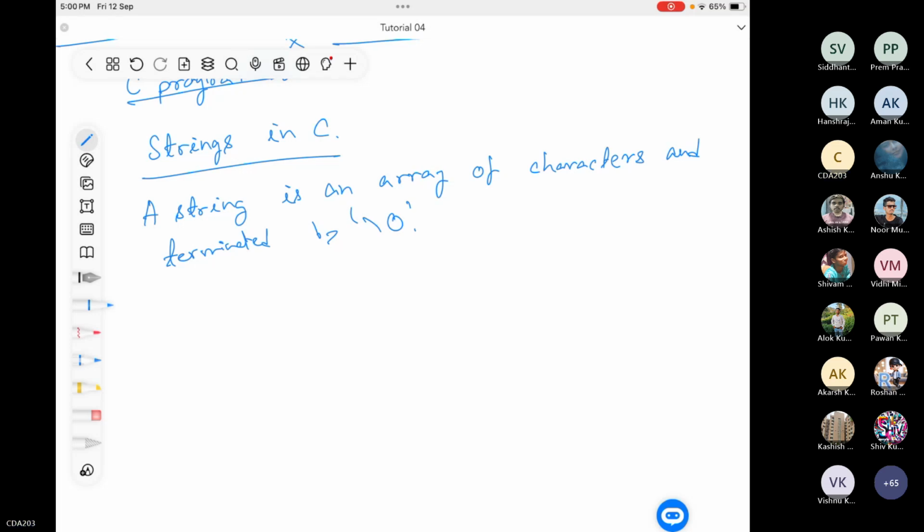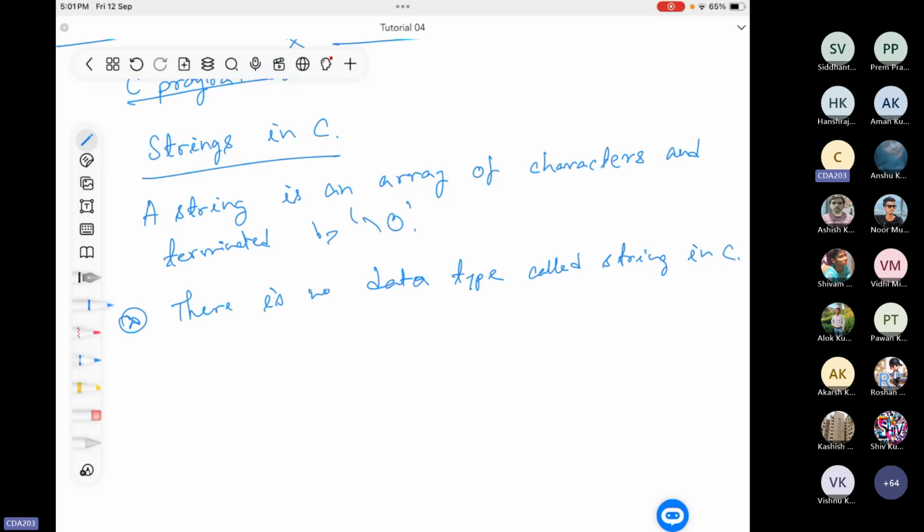So there is actually no data type called string in C. Mark it: there is no data type called string in C. You will not find this as a data type.